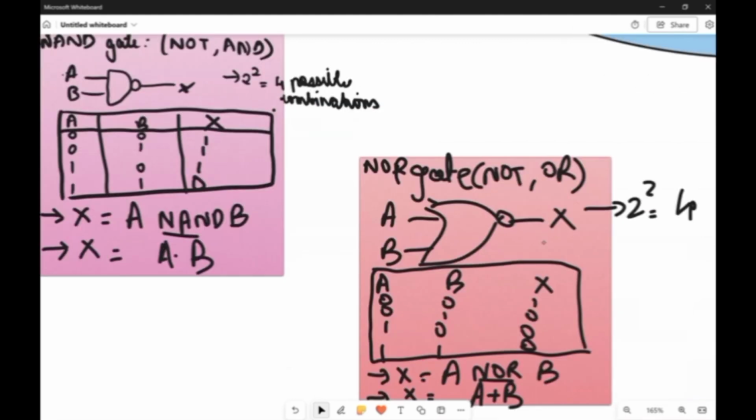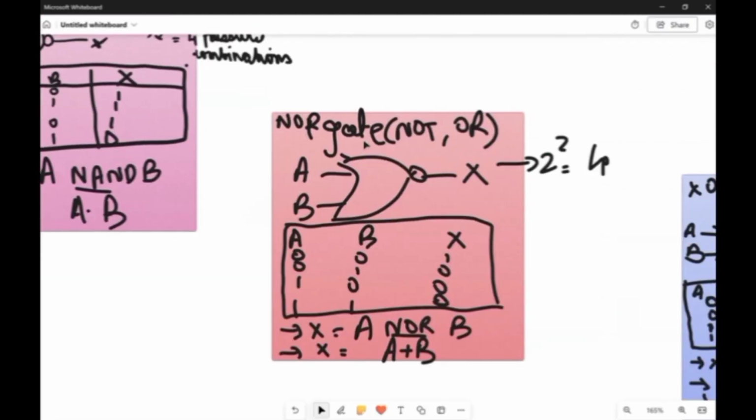Next, you have the NOR gate. The NOR gate is a combination of NOT and OR gate. So you first draw your OR gate and you put a circle instead of drawing the entire triangle and a circle to show the NOT gate. You simply put a circle in front of your OR gate. So again, two inputs A and B, and X is your output. In the OR gate you're going to add 0 and 0.